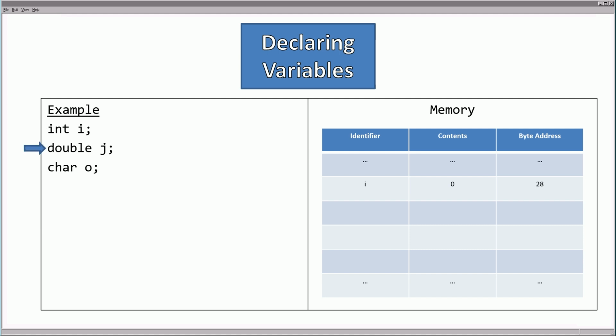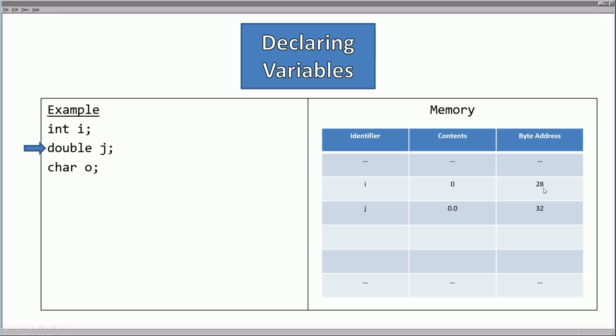Now, if we're going to declare another variable, j, then we do the same thing. The identifier is stored here, its contents are set to 0, and also notice we did include the decimal point here, and now its byte address is at 32. The reason why we're pointing this out is if we start at this byte address 28, we know that integers are 4 bytes in memory.